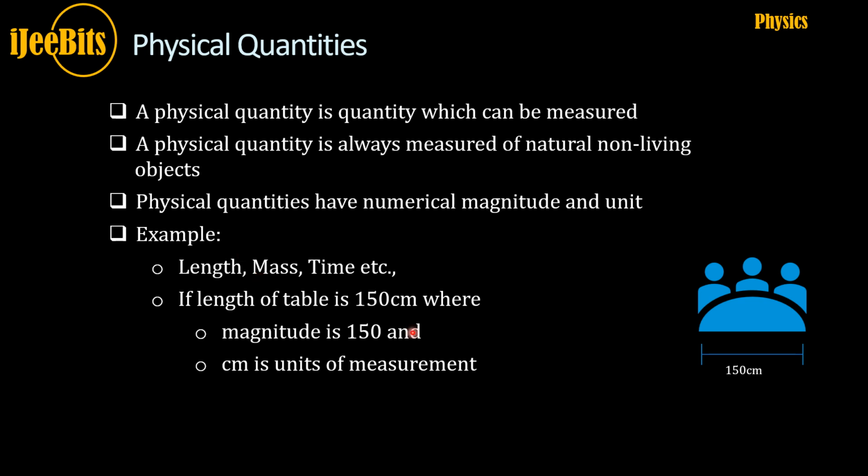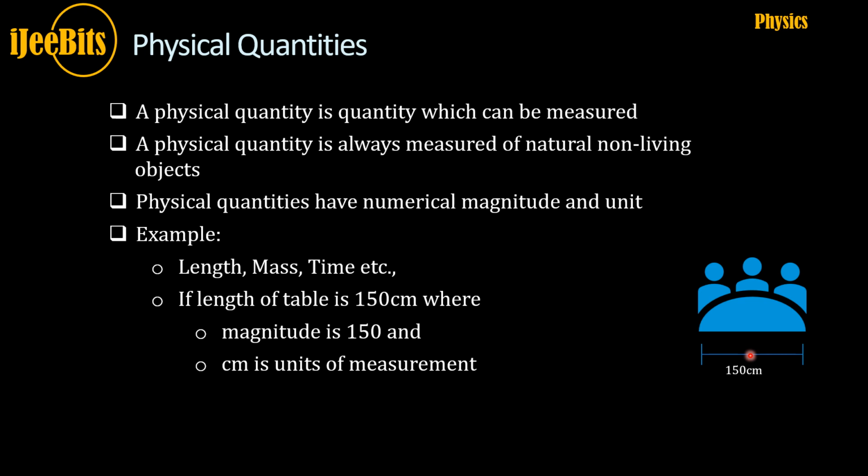For example, if the length of the table is 150 centimeters, 150 is the magnitude and cm, centimeter, is the unit of measure. So 150 centimeters means 150 units of length for this table.